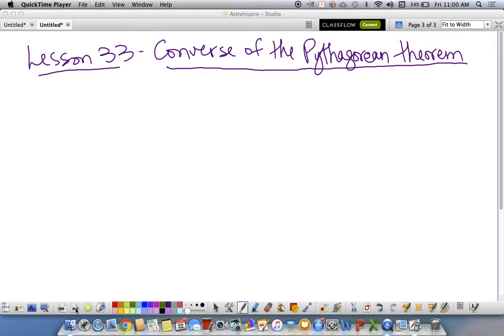Because maybe I went from reading this one, and the regular one said, if it's a right triangle, then the sum of the lengths of the legs squared is equal to the hypotenuse squared. Because in the converse, it's the opposite, right? The converse says, if the sum of the lengths of the squares equals the hypotenuse squared, then it's a right triangle.